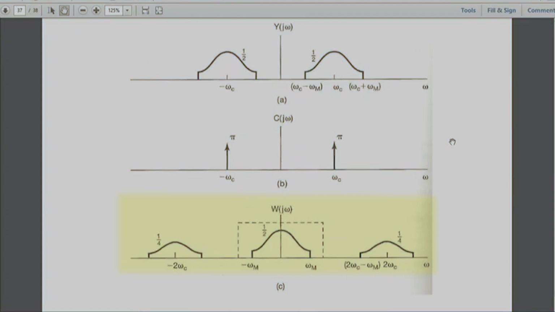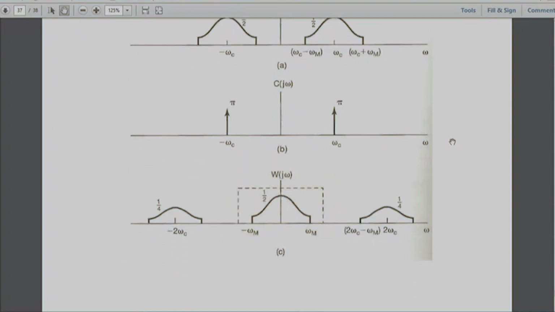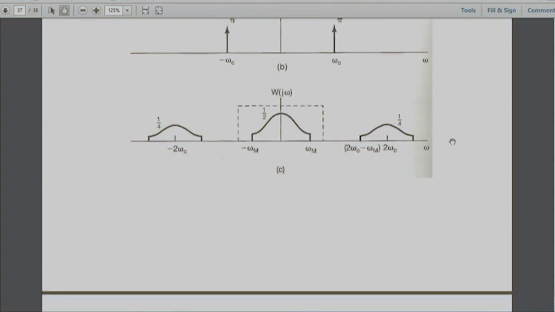So now all we have to do is figure out how to get rid of these guys, because we don't want them. What we're after is this. And the way we do that is by just applying a low-pass filter to that demodulated signal, and we're going to pluck out that copy of x of j omega.